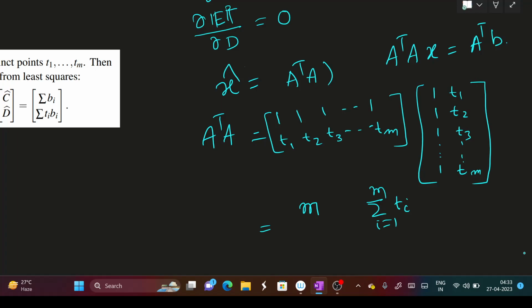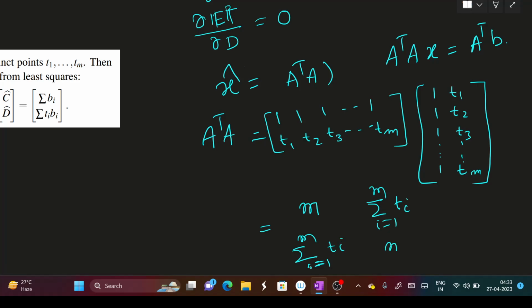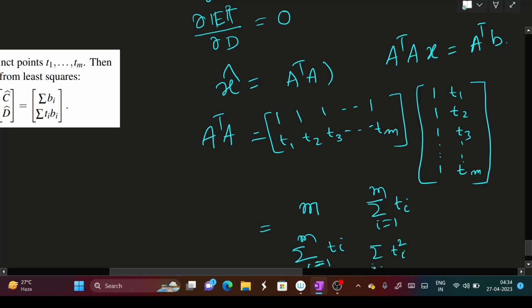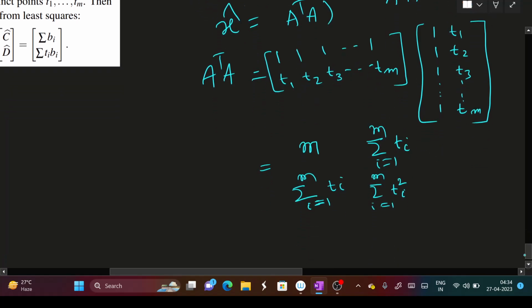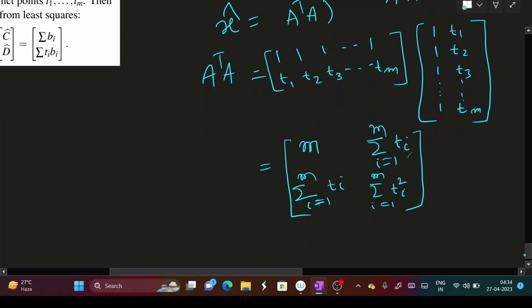Again T1 into 1, T2 into 1, all of them are added, so again sum over Ti, i is equal to 1 to m. Then it is T1 square plus T2 square plus T3 square, so it is sum over Ti square, i is equal to 1 to m. So this matrix is my A transpose A.